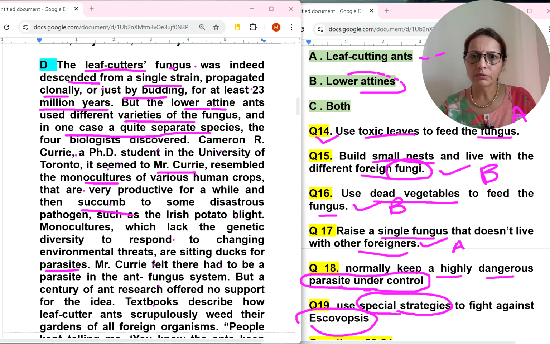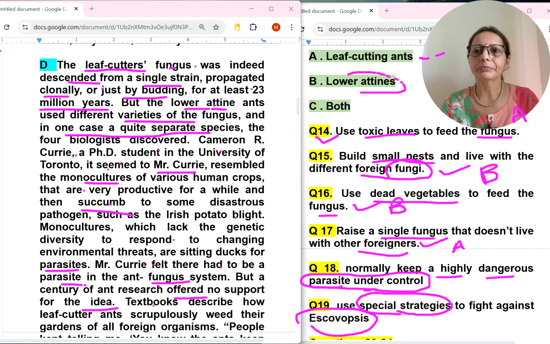Okay, so what Mr. Curie said: resemble the monocultures of various human crops that are very productive for a while and then come to some disasters, such as the Irish potato blight. Monocultures, which lack the genetic diversity to respond to environmental threats, are sitting ducks for parasites. Mr. Curie felt that there had to be a parasite in the ant-fungus system, but a century of research offered no support for the idea.